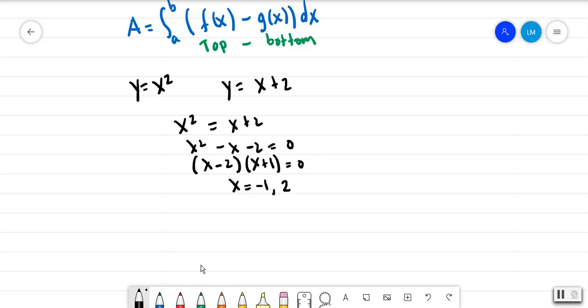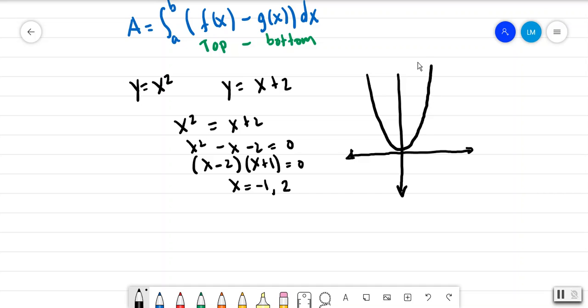So the region that's bounded by these two curves is wherever they intersect. Sometimes you do want to integrate from A to B, where A is a vertical line and B is a vertical line. Okay, so we'll just draw like that. Now x plus 2 would look something like this.